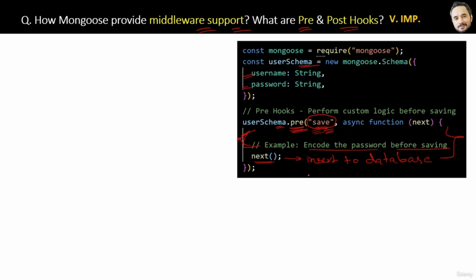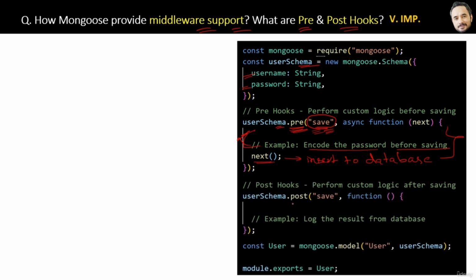Okay, this is the pre-hook. Now similar to this, you can also define the post function of the user schema to execute some logic after inserting into the database. Remember, this is for after insertion.